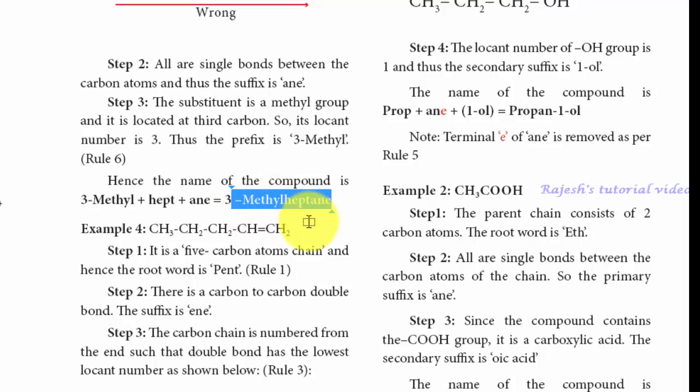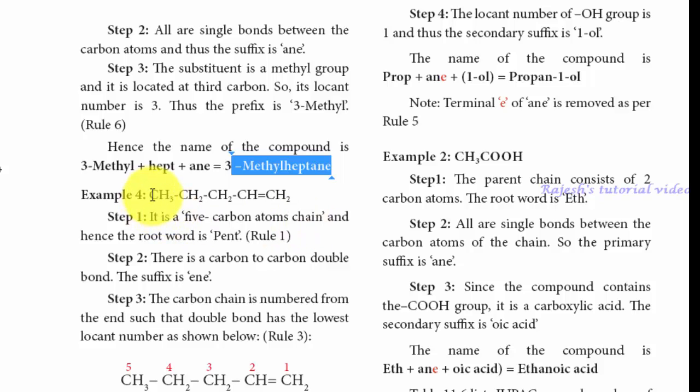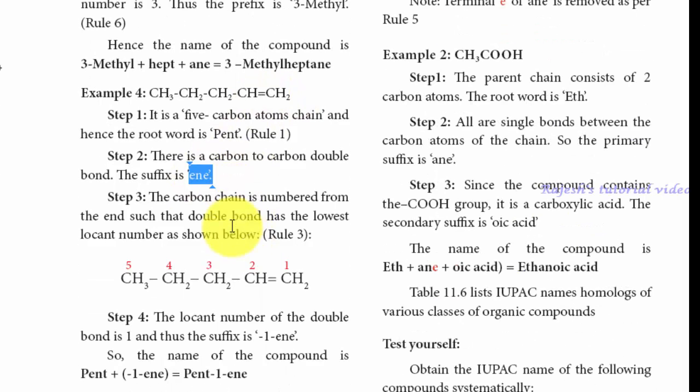3-methylheptane. To the example 4: here also the compound has 5 carbon atoms, so the root word is pent. But here you see a carbon to carbon double bond, so the suffix is "-ene". It is an alkene, and in the carbon chain the double bond should have the least locant number.